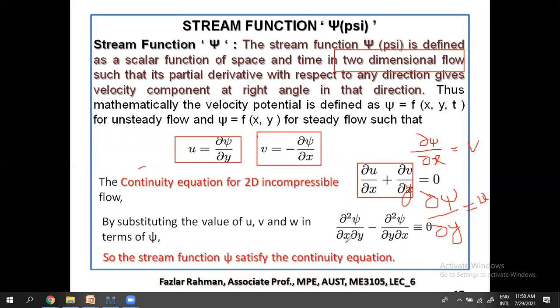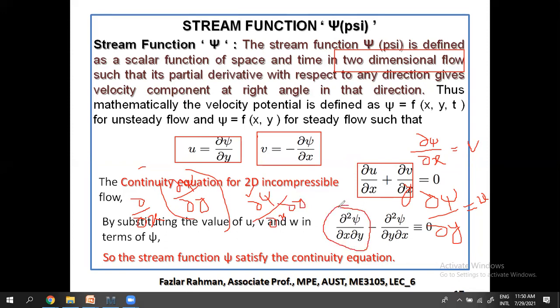Now, if you substitute u over here, you get del by del x of the bracket, del psi by del y. So what do you get? Del square psi by del x del y. They are putting it over here.